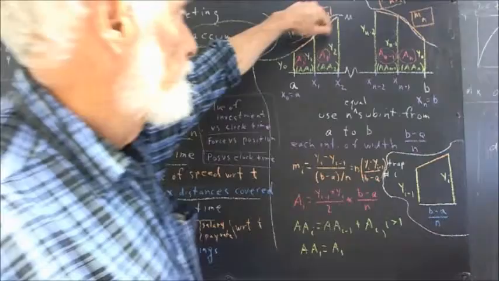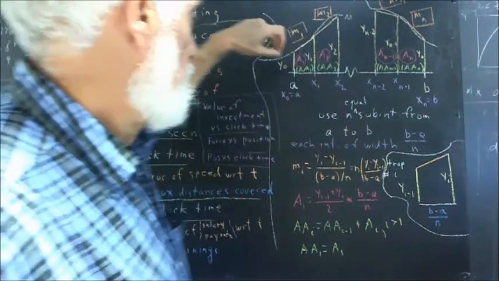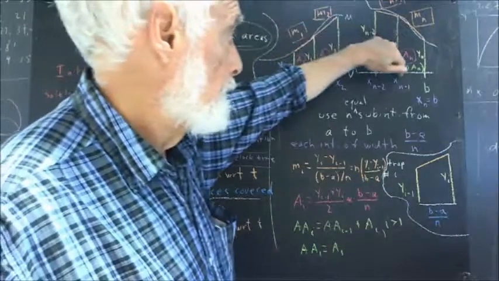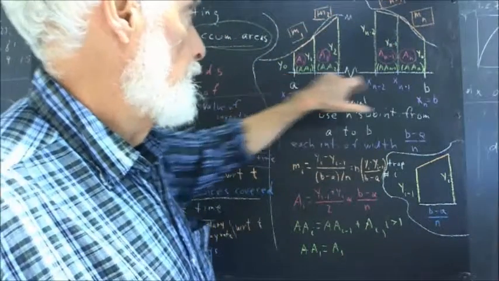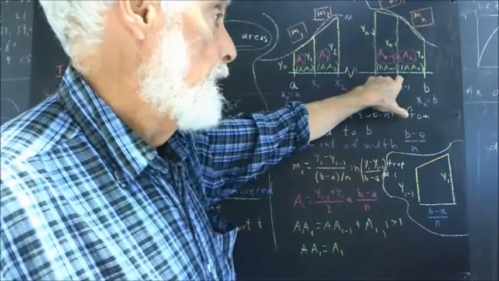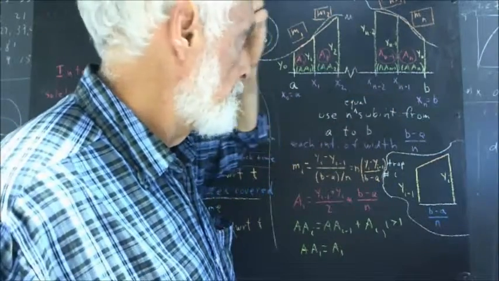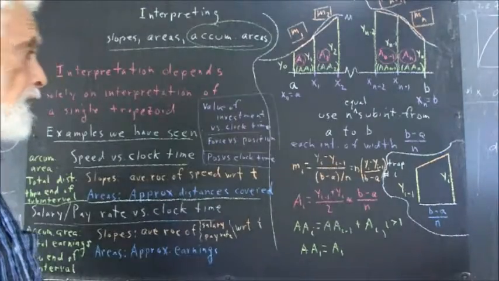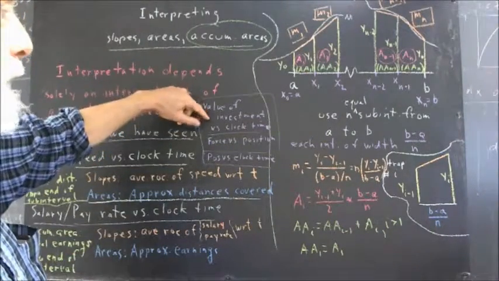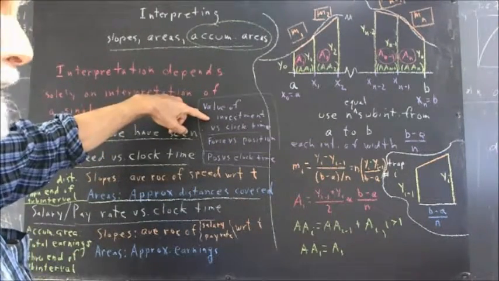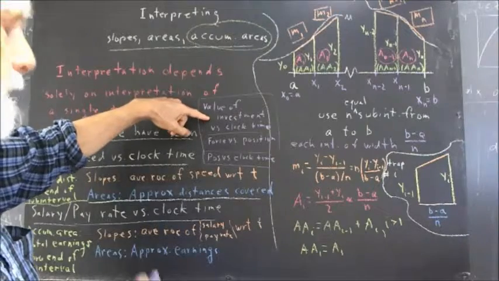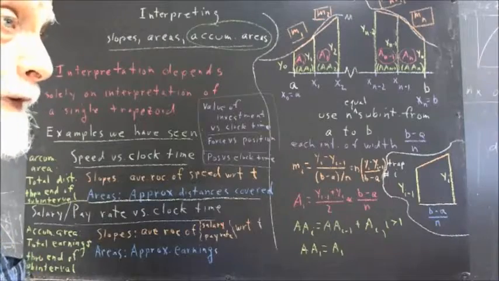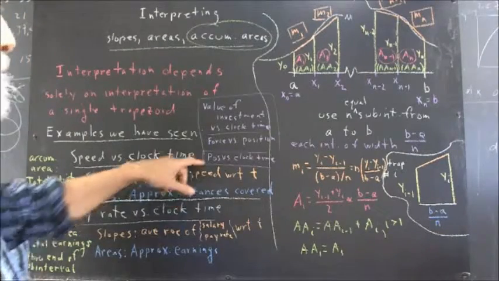Each trapezoid would be the work over that interval. The total accumulated area through the end of a trapezoid would be the work done from the beginning through the position corresponding to the end of that trapezoid. Again, we didn't consider accumulated areas here because areas have no significant interpretation when we're talking about the value of an investment versus clock time.